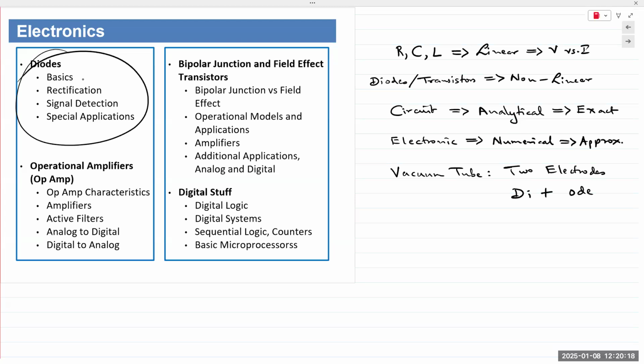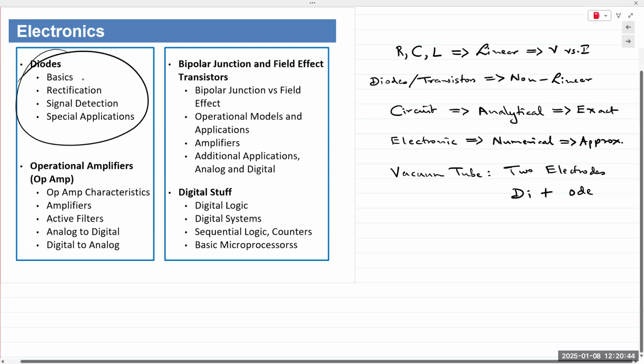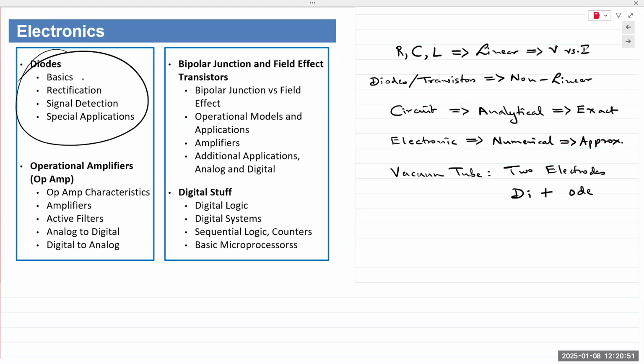So the first electronic device was a vacuum tube, which had 2 electrodes. It's a diode. And when they created a solid state version of the same device, the nomenclature carried over, and they stuck with it and called it a diode. Distinguishing is that it's a vacuum tube diode and a solid state diode. Nowadays, in this modern era, all we work with is solid state devices, and so we simply refer to them as diodes. We don't quantify it by saying it's a semiconductor diode or a solid state diode.